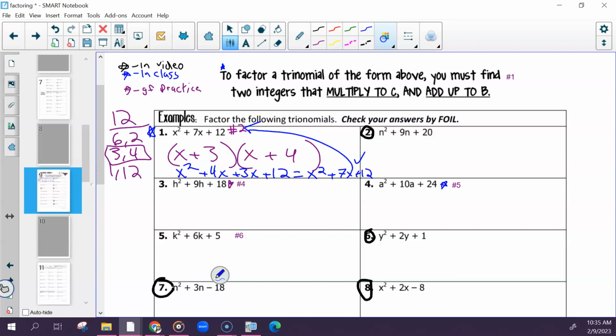Give me factors of 20. Four and what? 2 and what? 5 and 4. And I think that's it.